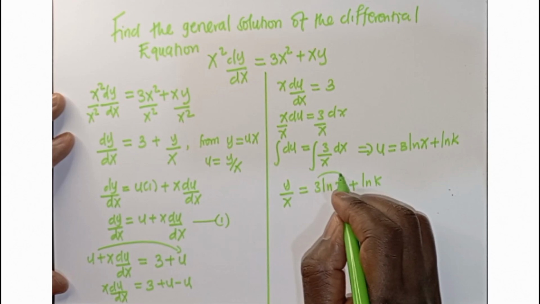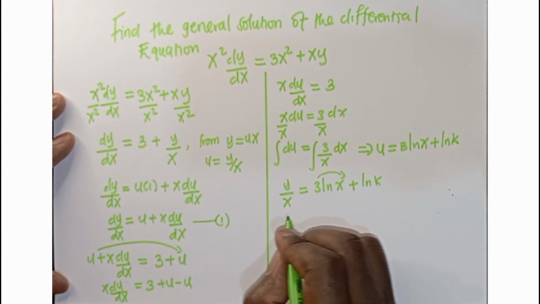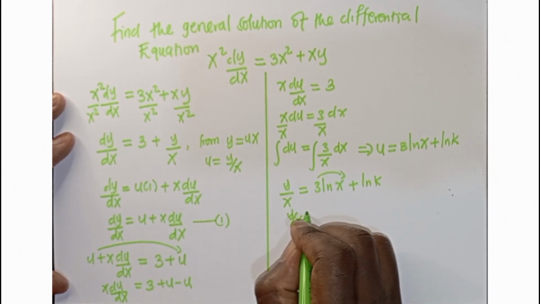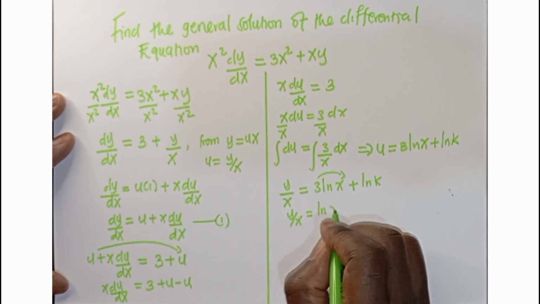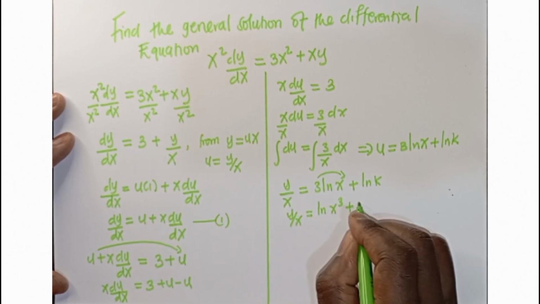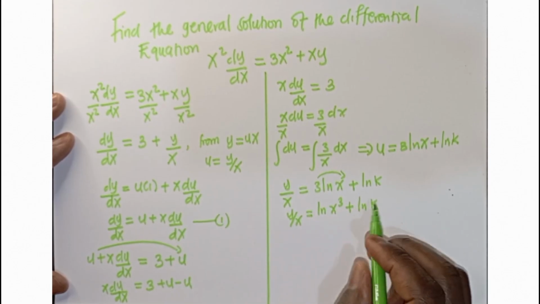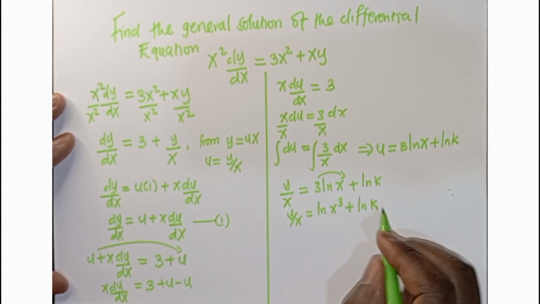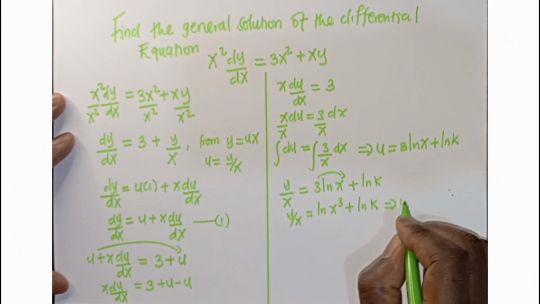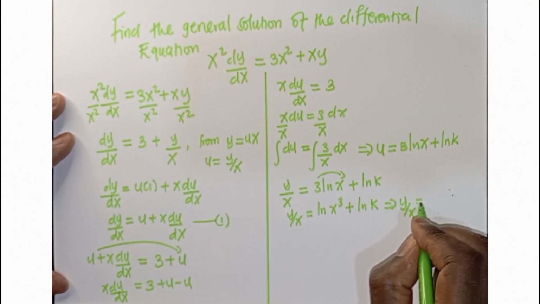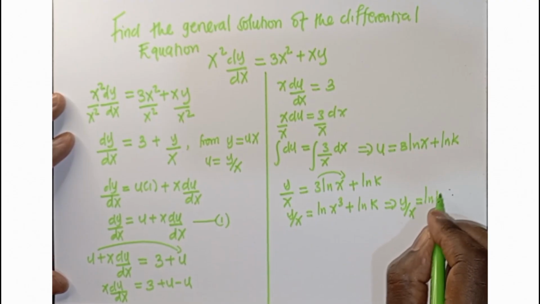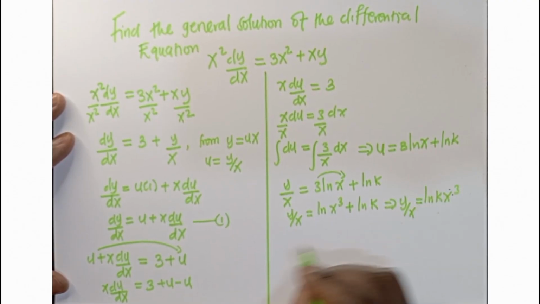Now this 3 can go up, so we can have y out of x is equal to ln x power 3 plus ln k. But ln obeys the laws of logarithm, so we can have it as y out of x equal to ln of k x power 3.